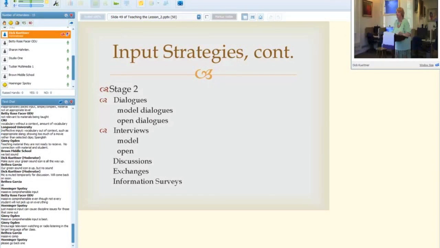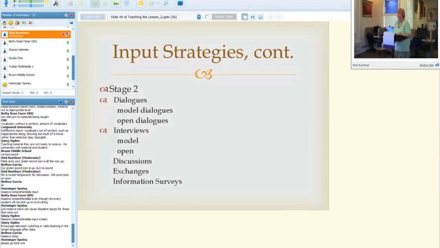In stage 2, many different kinds of dialogues modeled by the professor or by 2 students in class, and then more open creative language. The modeled dialogues are rather closed. They're focused. They use a small set of vocabulary, specified idiomatic expressions. The open dialogues are more free-flowing. Interviews.